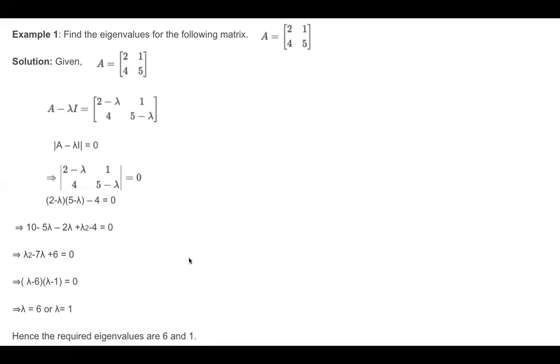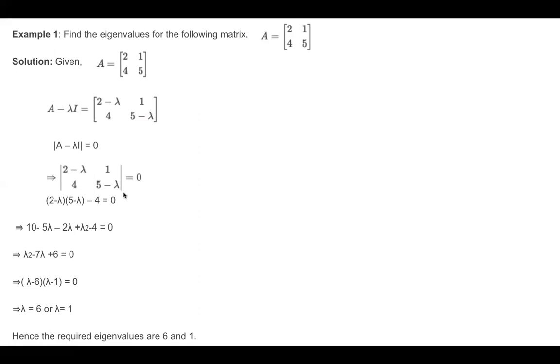One more time. So we have the given matrix A, and the identity matrix is 1 0, 0 1. We take this, we expand it, we get this: 2 minus lambda, 1, 4, 5 minus lambda. Then we take the determinant of this equal to 0.